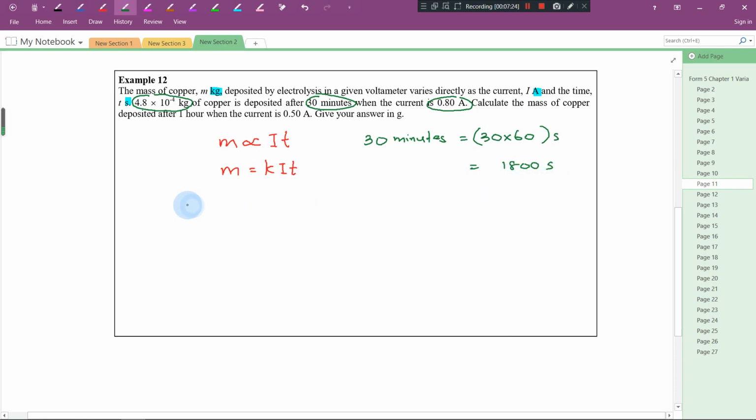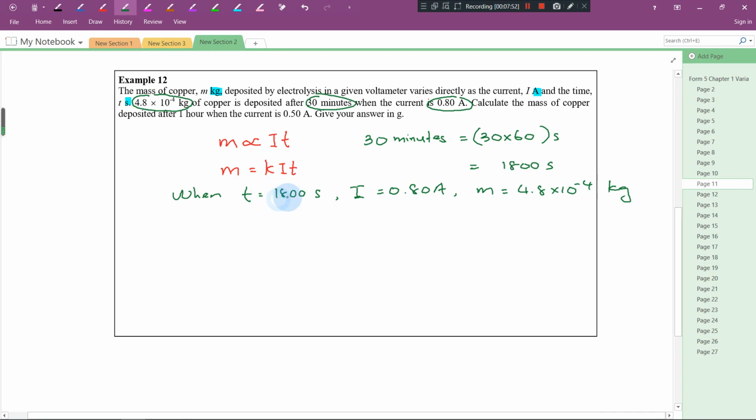Okay. Now when the t is equal to 1800 second, the current is equal to 0.80 ampere, and the mass, the m, is equal to 4.8 times 10 raised to the power negative 4 kilogram.